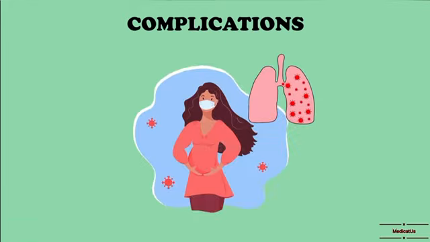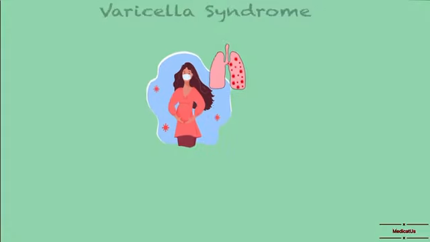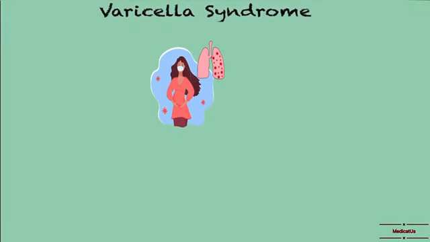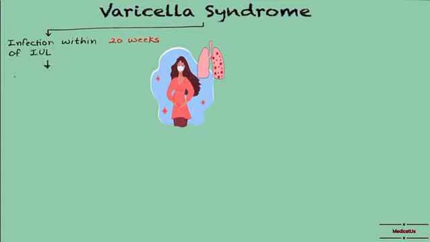The most dangerous complication is a pregnant woman getting varicella pneumonia, which will cause varicella syndrome in the child. If the infection occurs within 20 weeks of intrauterine life, then the child will suffer with congenital fetal varicella syndrome.